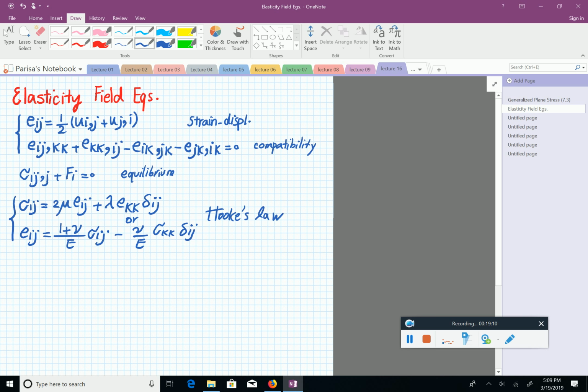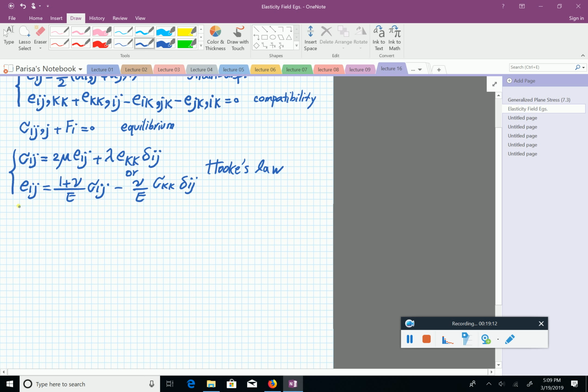Okay. And then we talked about boundary conditions, which the homework was due today, and there were many problems. And whether you would use traction or you would just specify displacement.